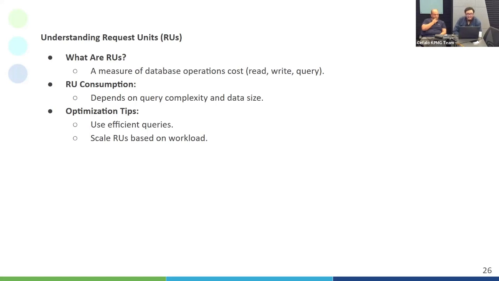And if the query is much more complex, it may be less efficient. We can predefine the RU based on our workload. It's actually done by Azure: after reviewing the query performance from before, we can define the RU for the query.